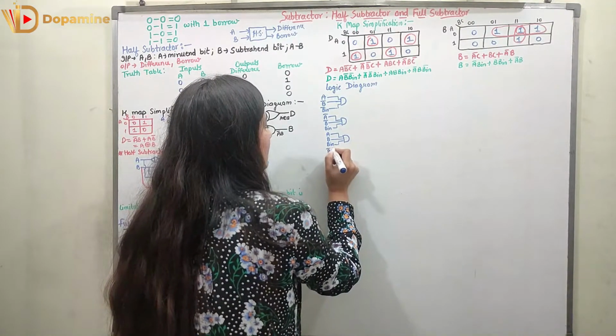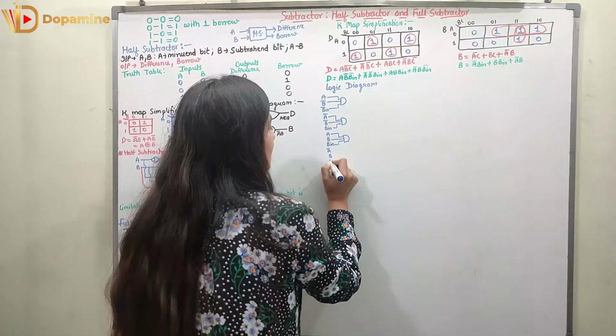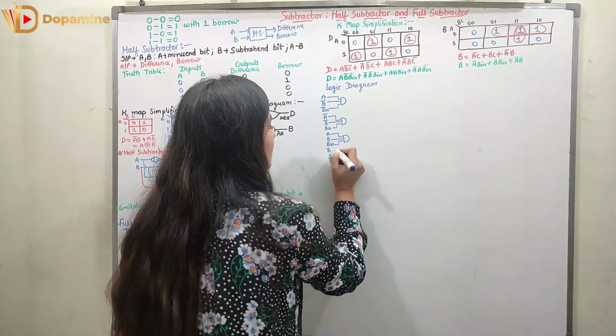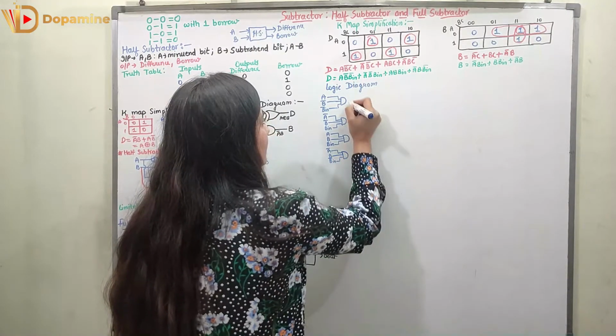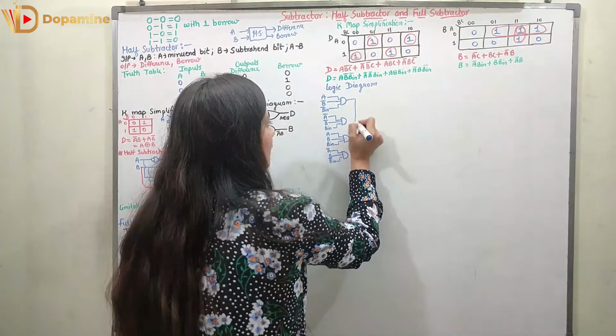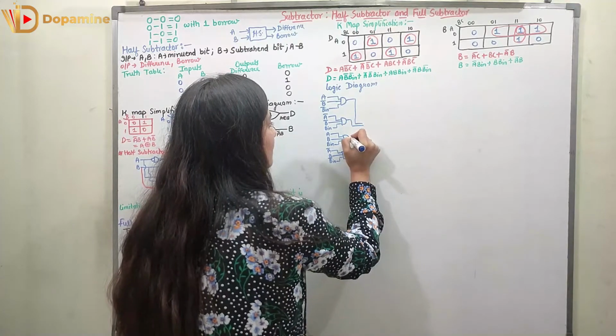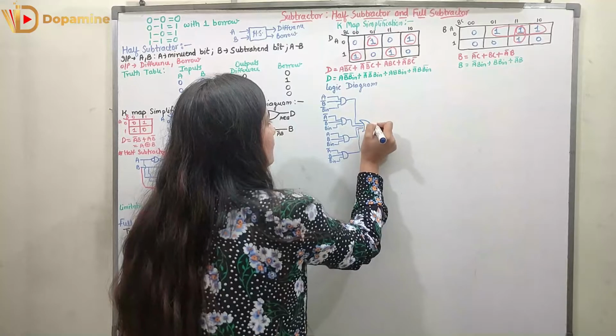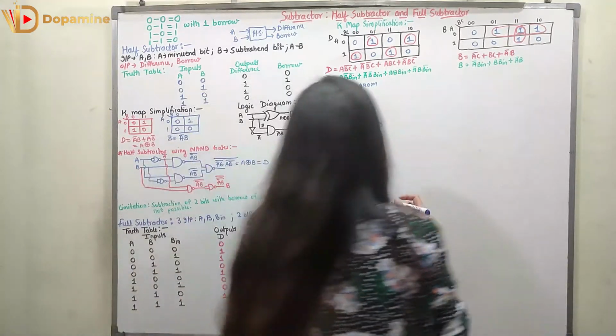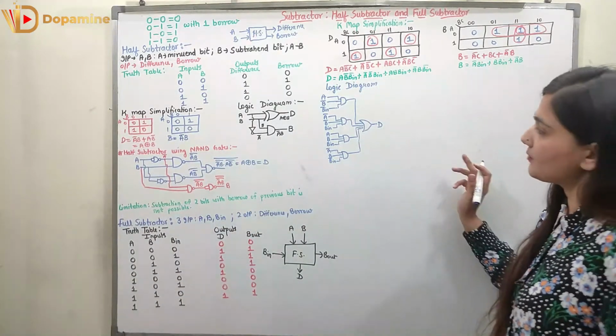Then we have A bar B B in bar. All of these are sent again to the AND gate. Now all of these are sent to the OR gate for the addition. So this is the difference. This is how I can make the logic diagram of the difference.